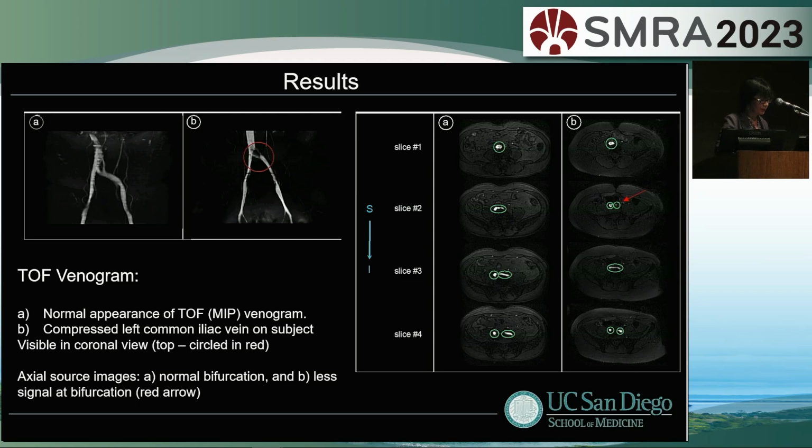On the right side, from superior to inferior, from abdominal aorta to iliac vein separation. Subject A shows the normal appearance of the iliac bifurcation, and B shows the compressed signal over here.